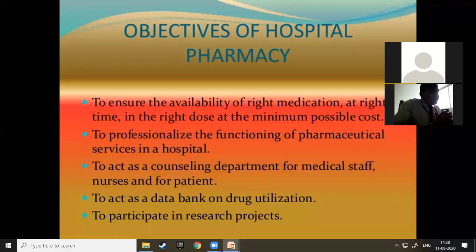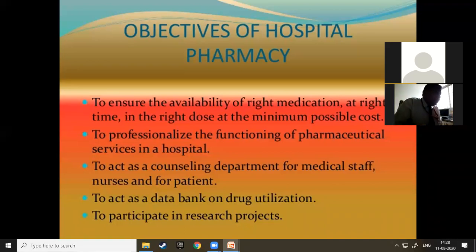The pharmacist will ensure whether all drugs are present within the hospital or not. Some drugs we can eliminate from the list or include in the list as per the requirement. That is called the drug formulary. All those medicines must be present in a hospital. This data bank is also maintained by the hospital pharmacy. This is a key role of the pharmacist in a hospital.